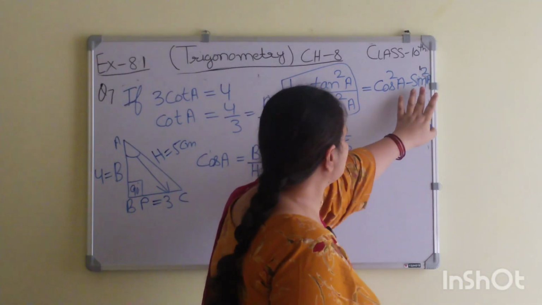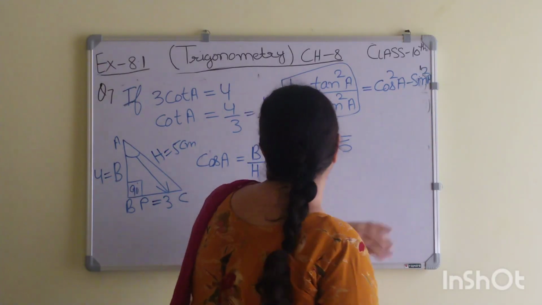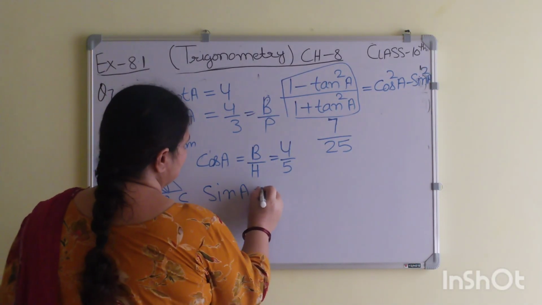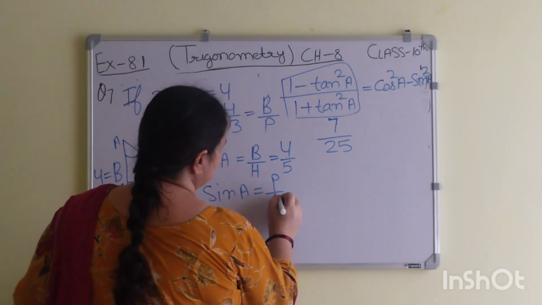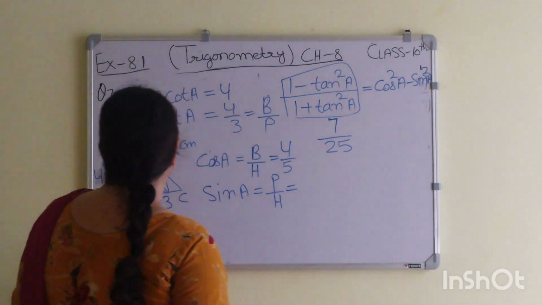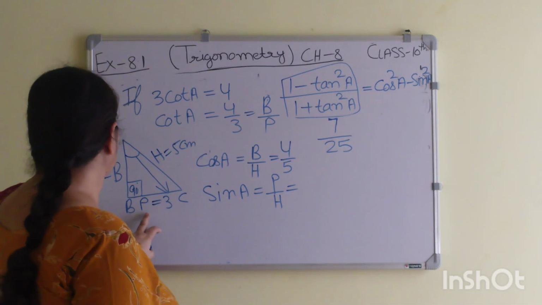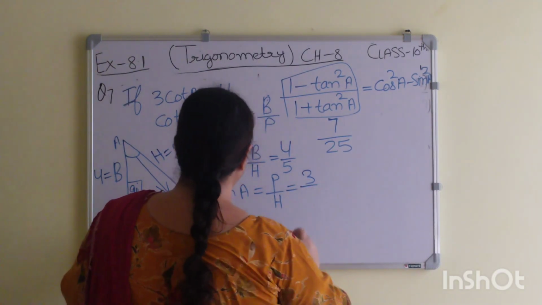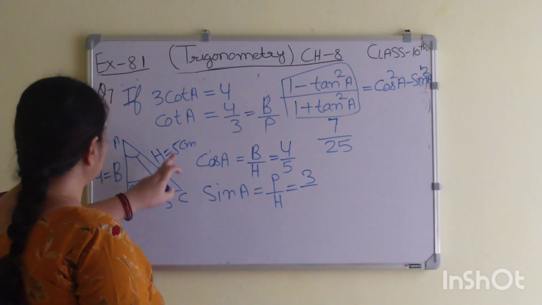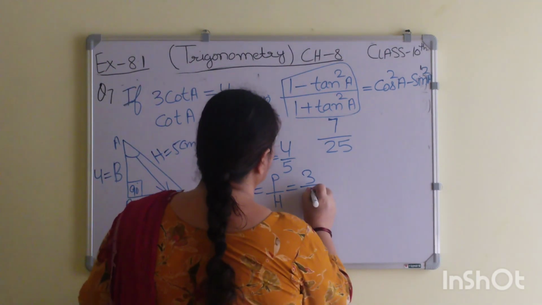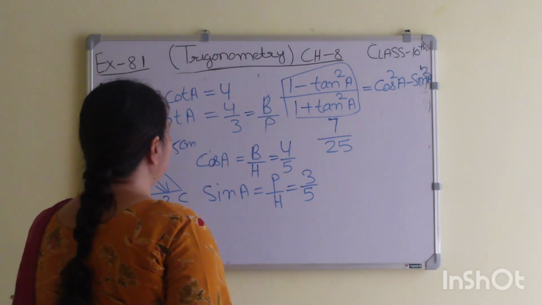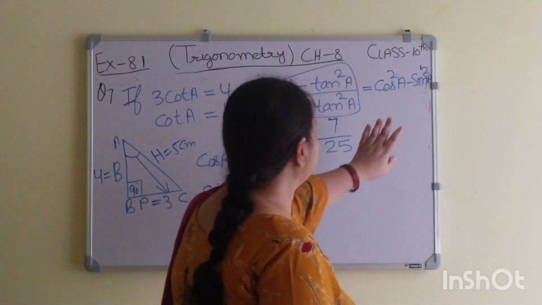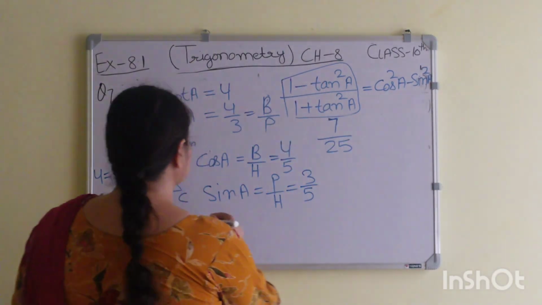And sin A will be perpendicular upon hypotenuse. Perpendicular is 3 and hypotenuse is 5. Now put the value of cos A and sin A in this.